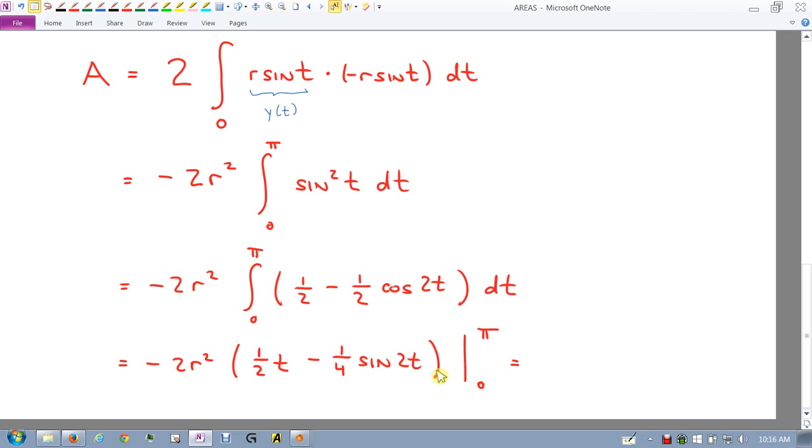Plug in pi. We get pi over 2 here. Plug in pi. What's sine of 2 pi? 0. So you get pi over 2 when you plug in pi.